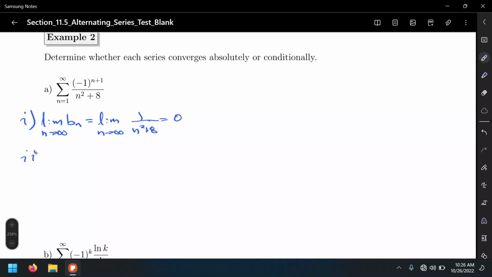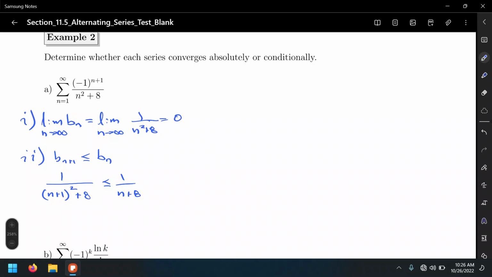Second condition: b sub n plus 1 is less than or equal to b sub n. In other words, the original sequence shifted by n plus 1, that is 1 over (n plus 1) squared plus 8, is that less than or equal to 1 over n squared plus 8? Well, yes, because if you add 1 to the integer, plug it in and square it, that's for sure going to make the denominator larger on the left-hand side of the inequality.